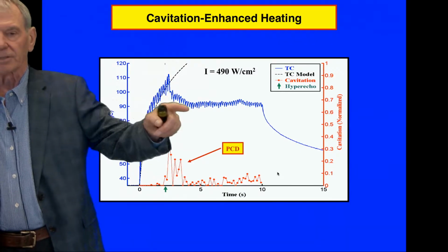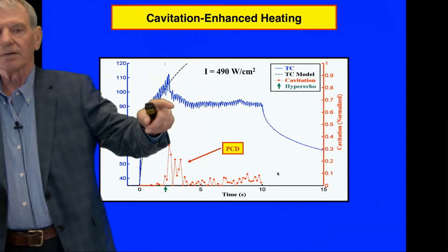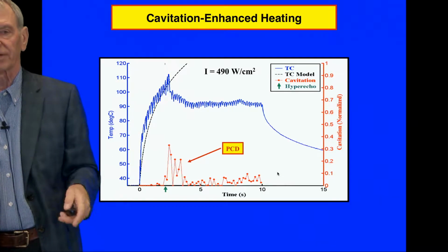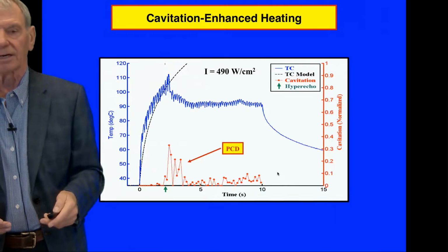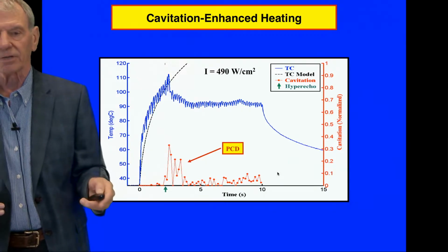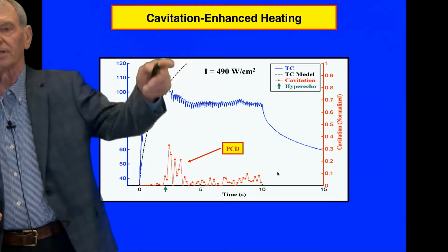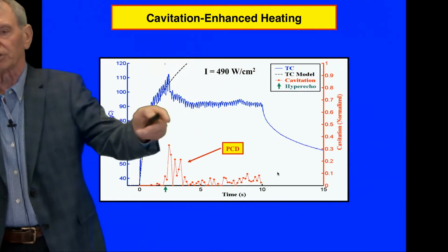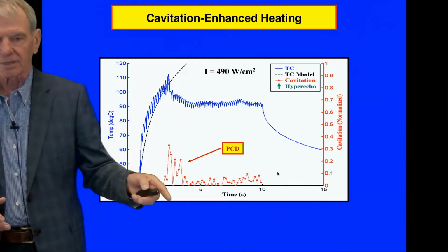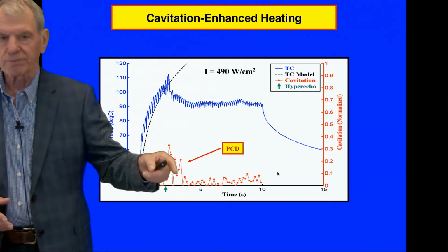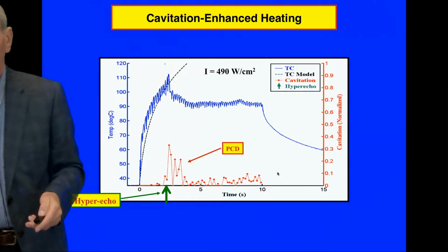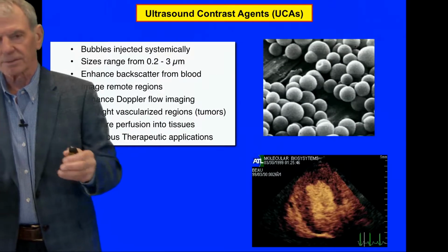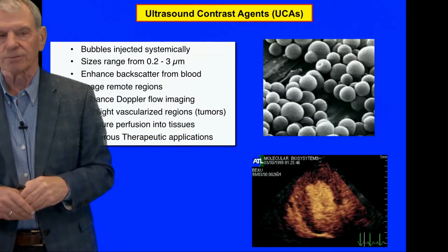But also, in this particular case, the temperature would go down because you scatter the sound field out and you're not getting the extra heating. This is atypical. Normally, the temperature would go much higher around this particular point, but it shows the interaction and the detection of the point of cavitation when you're doing heating. So this is a little bit getting into some sophistication in terms of monitoring.